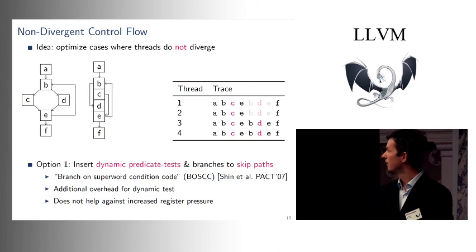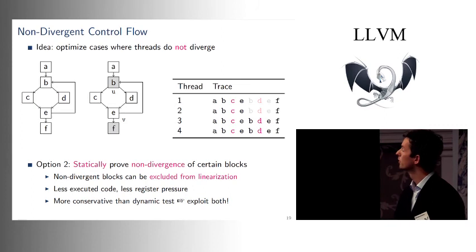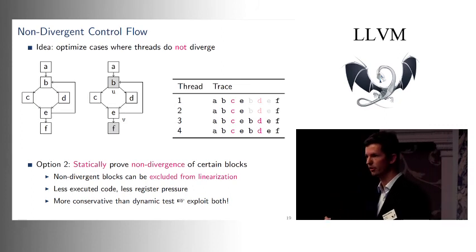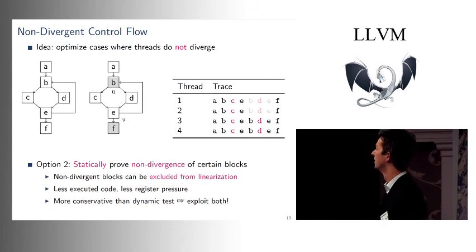What we are doing now is trying to prove statically that a certain branch is always the same for all threads. That means we can retain the original control flow, or at least certain control flow edges, in order to not have a fully linearized control flow graph, but be able to jump around certain blocks.